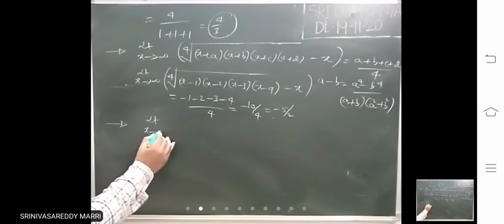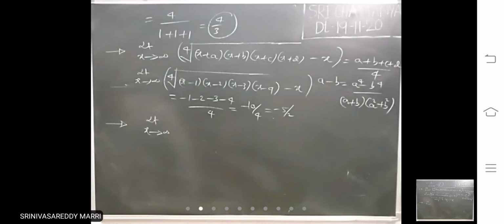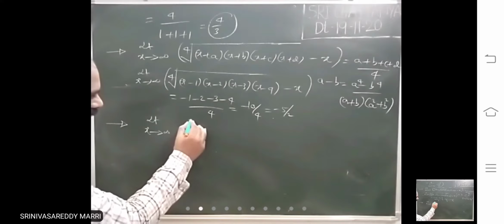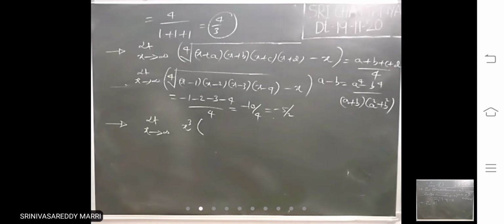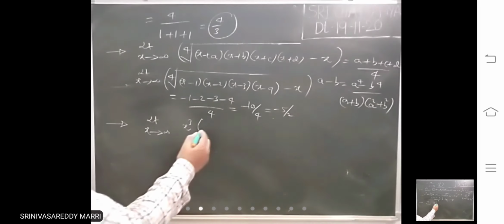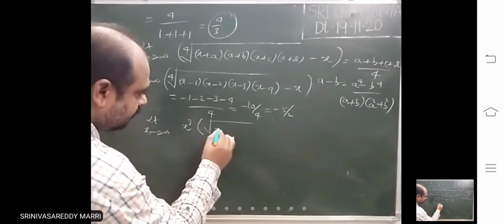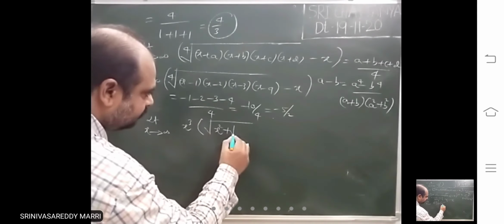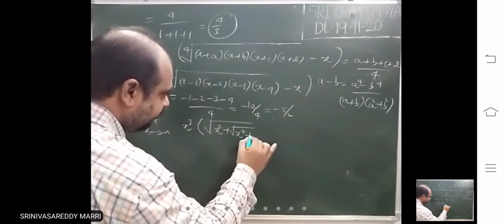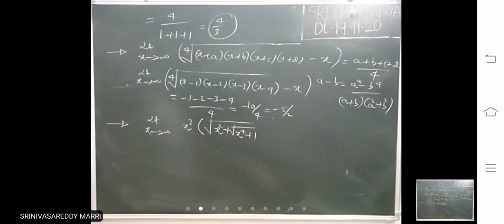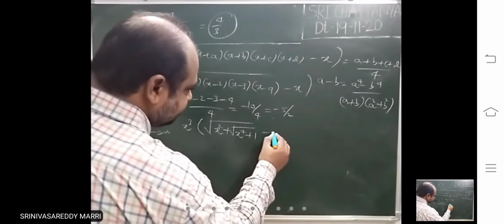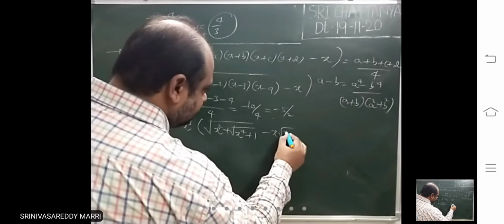Look at the next. Suppose the problem is like this: x cube into root of x square plus root of x power 4 plus 1 minus x root 2.